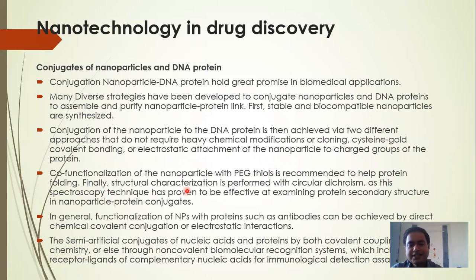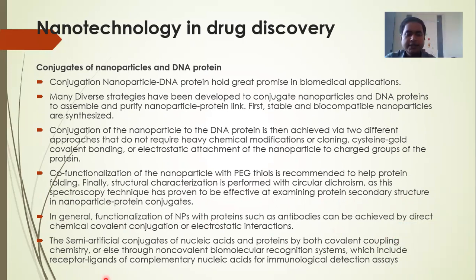Finally, structure characterization is performed with circular dichroism, as this spectroscopy technique has proven to be effective at examining the protein secondary structure in nanoparticle protein conjugates. In general, functionalization of nanoparticles with proteins such as antibodies can be achieved by direct chemical covalent conjugation or electrostatic interactions.